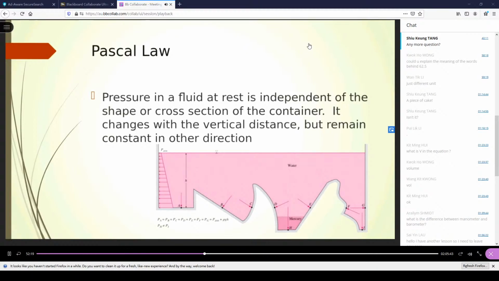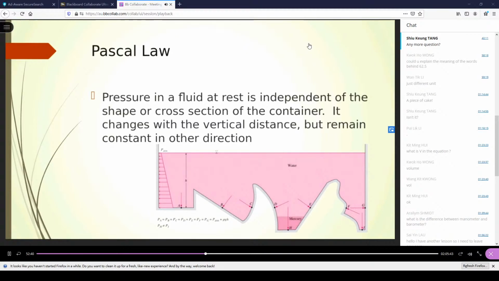Of course, if this is still water, the pressure at H is also higher because of rho g h. Here the point H is at a depth further below the liquid level.